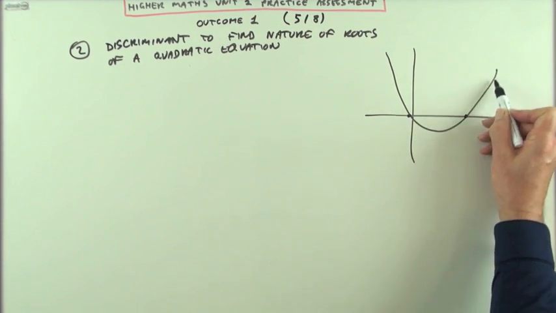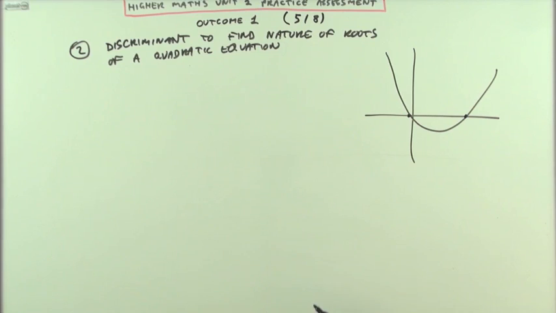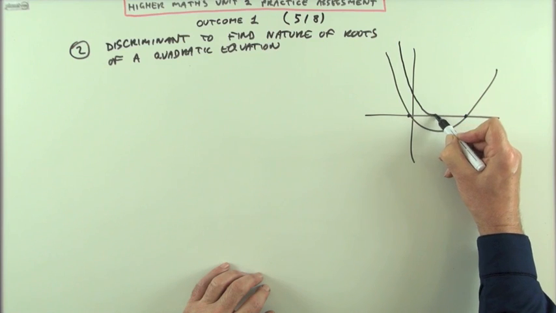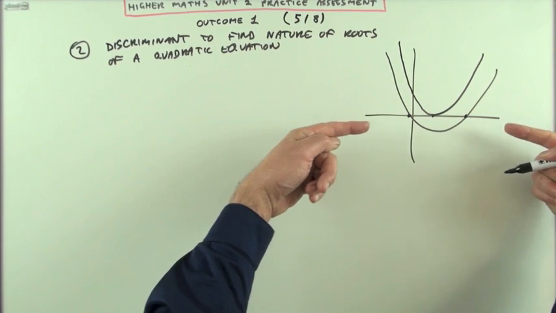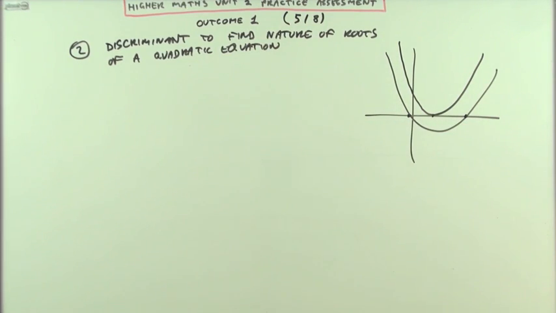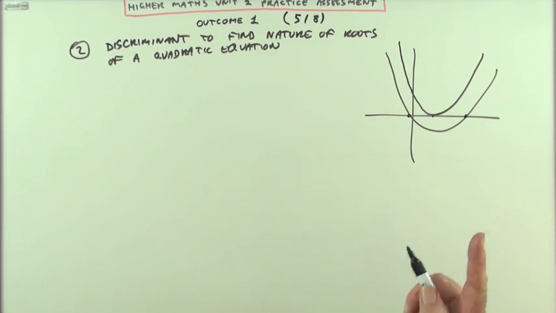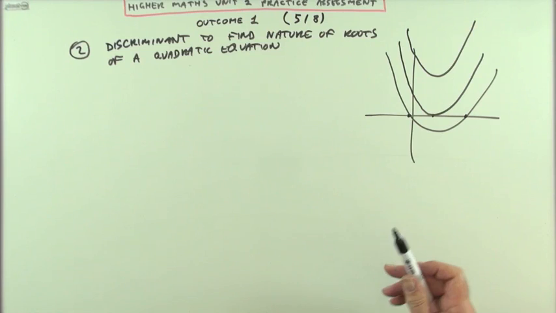If it intersected, as in this case, twice, that means I've got 2 distinct real roots. If it was slightly higher than that, so it only just bounced off it, so it was a tangent, those 2 roots merge and become 1, but you still call them a pair of equal roots rather than just one root. And if this quadratic is higher still, well, there wouldn't be any intersection with the axis.